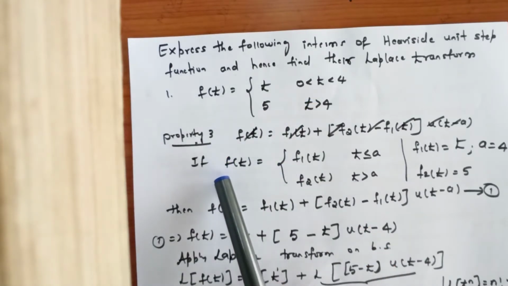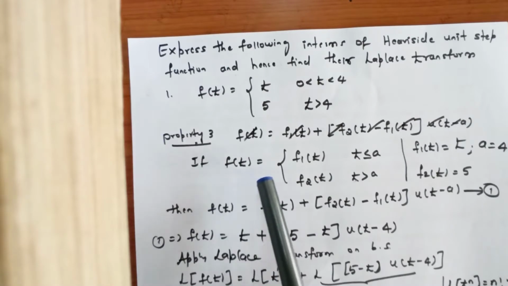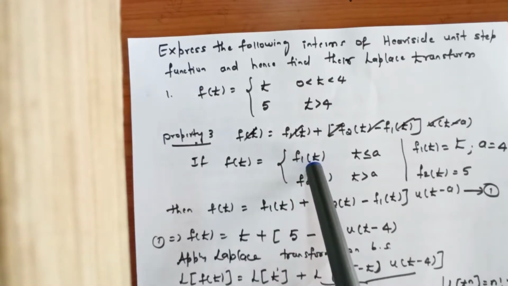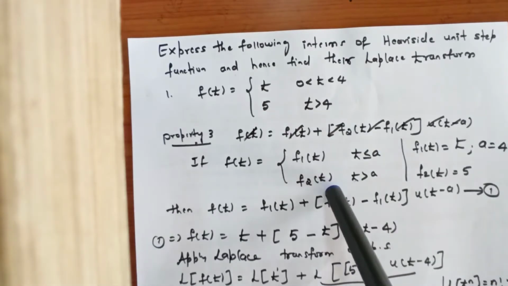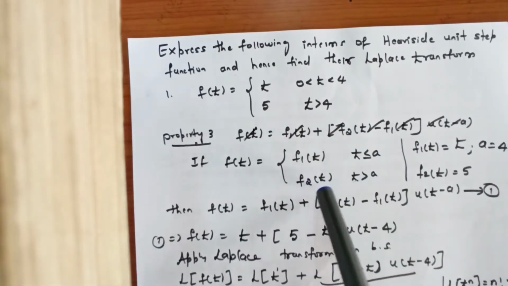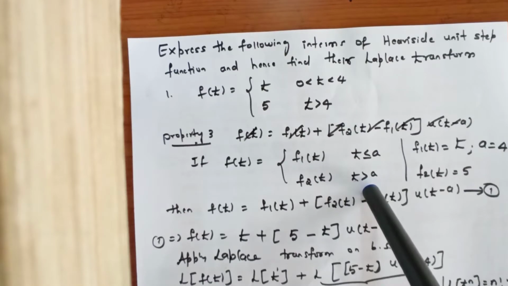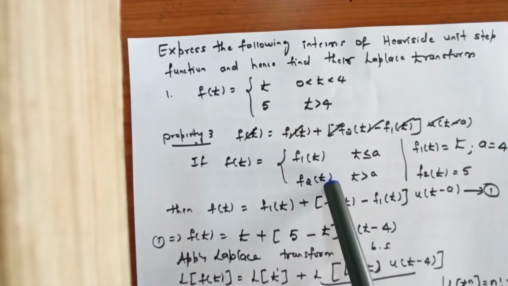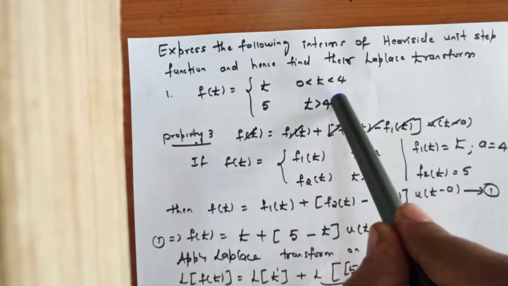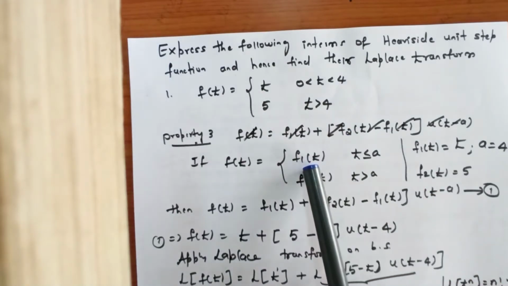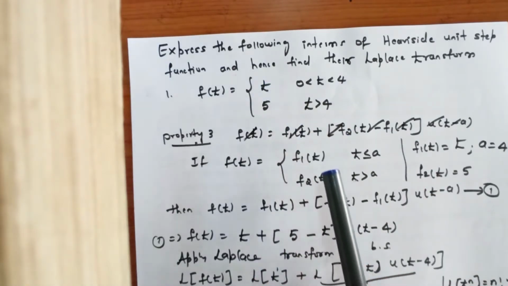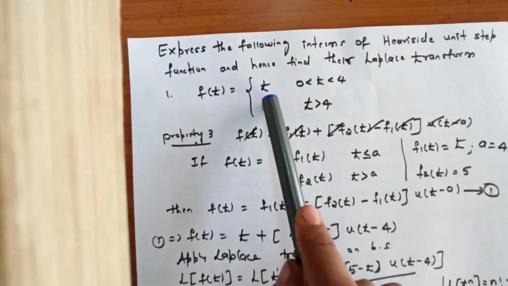This is our third property, that is, if f of t is equal to f1 of t for t less than or equal to a, and f2 of t if t is greater than a. If you see, the given problem is in the form of this property, where f1 of t is equal to t and f2 of t is equal to 5.